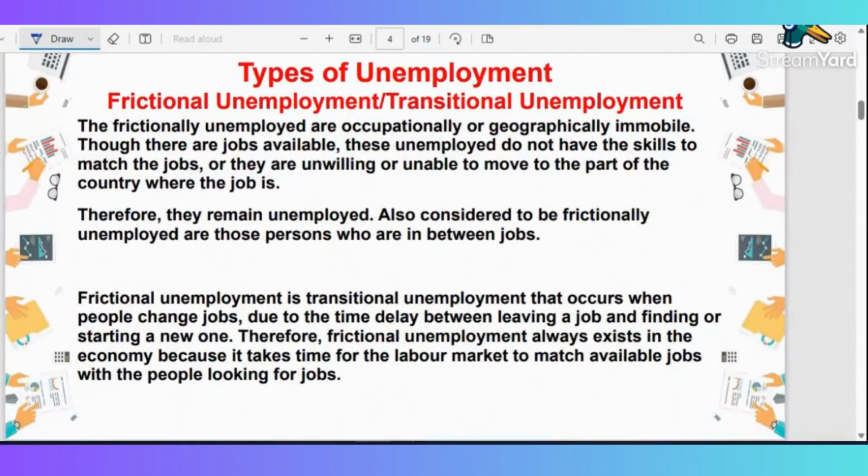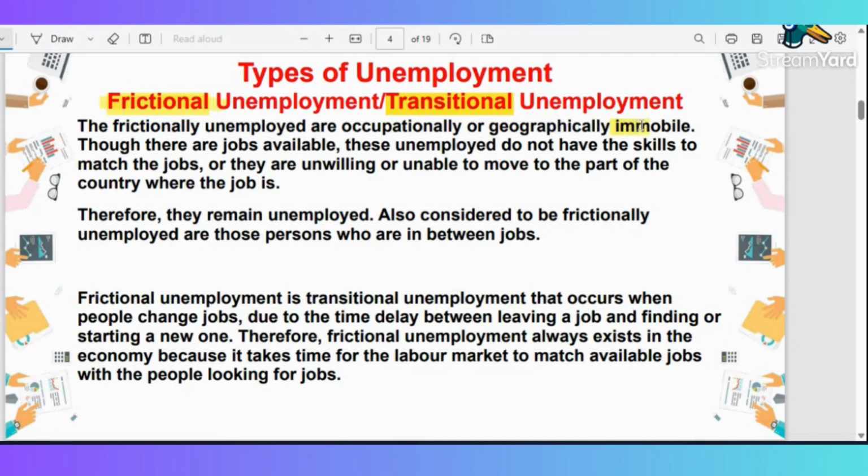So the first type of unemployment that you can see here on the screen is frictional unemployment, and frictional unemployment is also known as transitional unemployment. It's the same thing. Now it states that the frictionally unemployed are occupationally or geographically immobile.